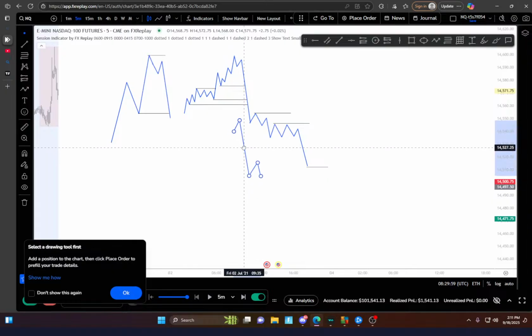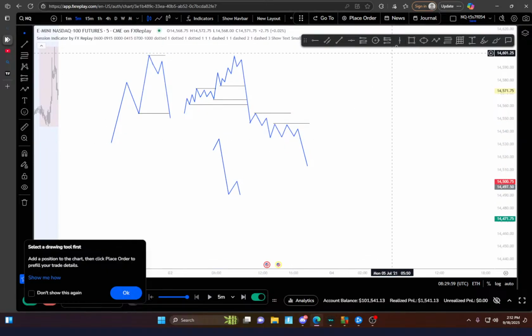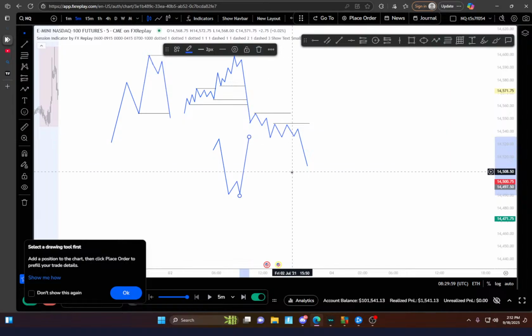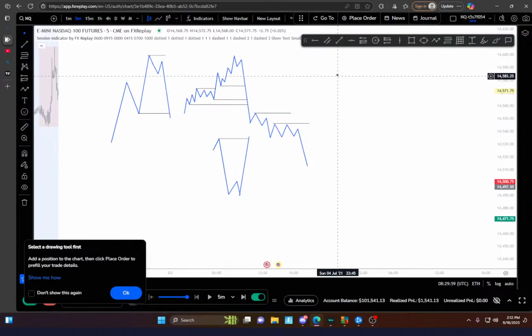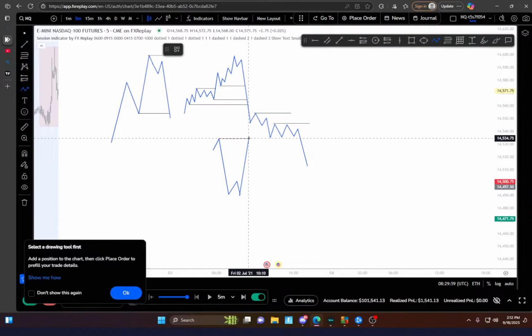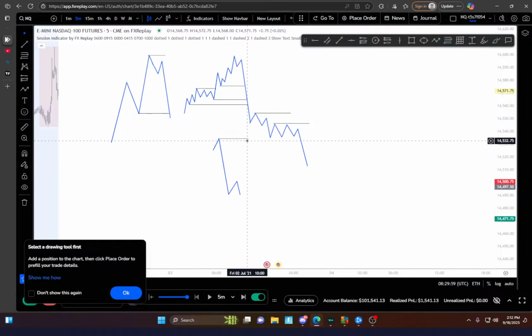If we sweep out a high, on the high time frame it looks like we just swept out a high, but it was within that leg. That's what they like to call the liquidity sweep. I'm just kind of freestyling this whole thing, really.